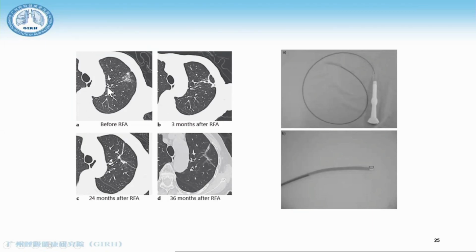This is one case: the lesion before ablation, and then 3 months, 24 months, and 36 months after ablation.